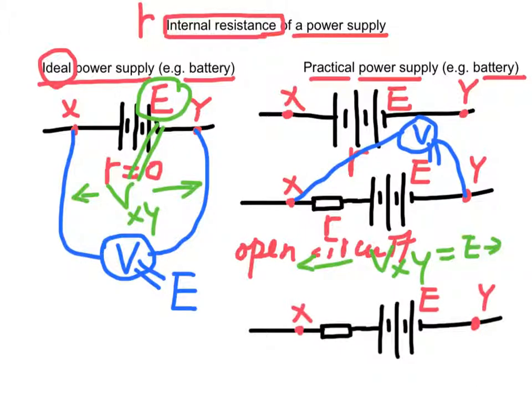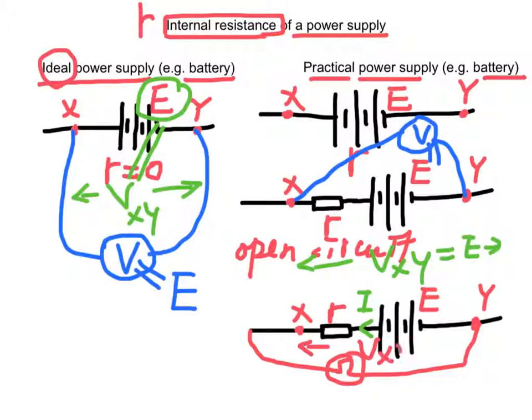However, if this is a closed circuit, there will be current drawn from the battery. In this case, the potential difference across XY would be equal to the EMF of the battery minus the potential difference across the internal resistance, which is I times r.